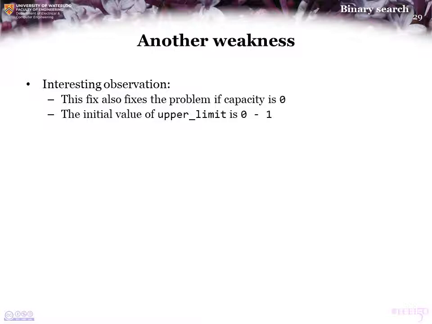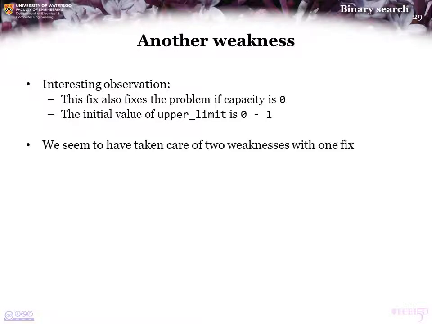The problem is the initial value of upper index is 0 minus 1, which is the maximum value of standard size t. Thus, we've actually taken care of two weaknesses with one fix.